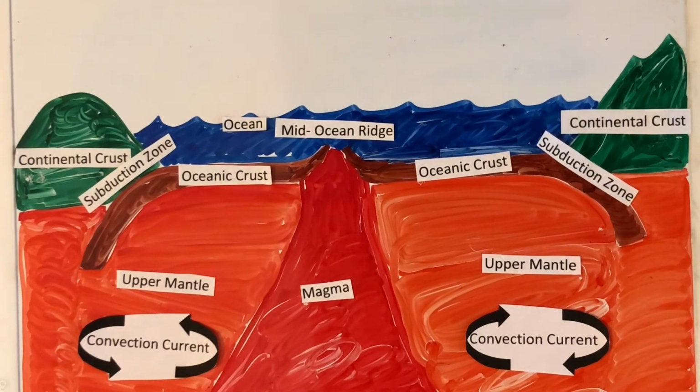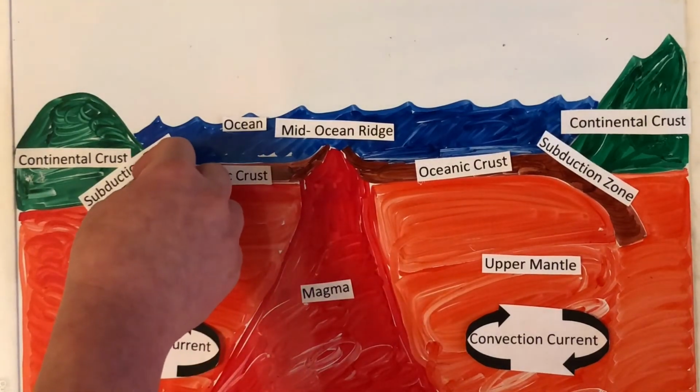We know convection, or the rise of hotter and less dense material and the sinking of cooler, denser materials, creates convection currents. These currents can actually move oceanic crusts away from each other at the mid-ocean ridges.